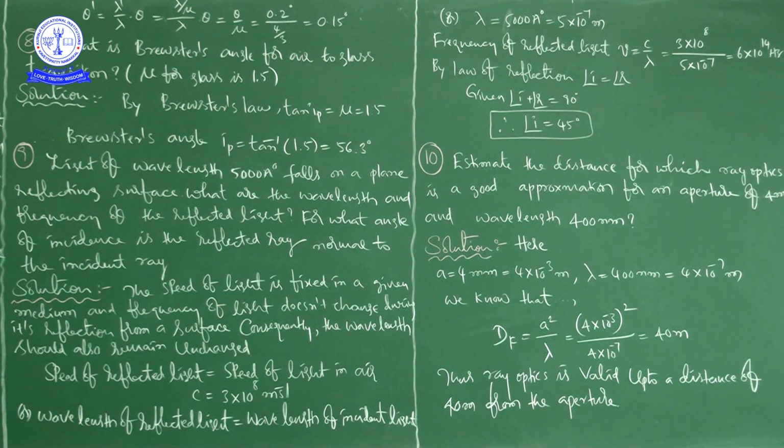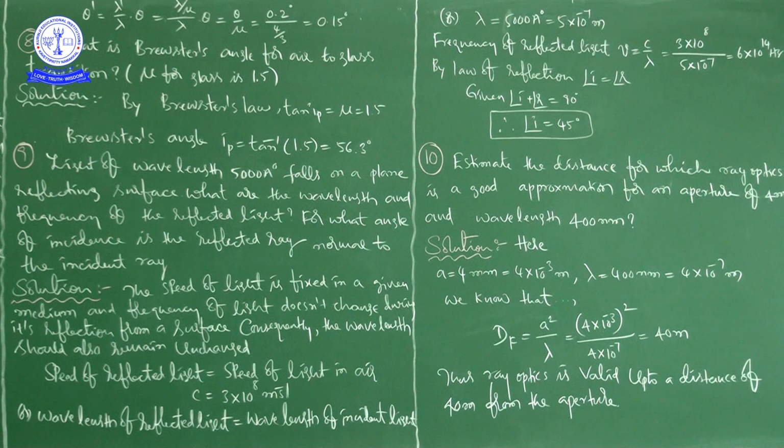In the ninth problem we found the wavelength and frequency of reflected light, and afterwards we also found the angle of incidence when the reflected ray is normal to the incident ray. According to the situation, we found the angle of incidence as 45 degrees.